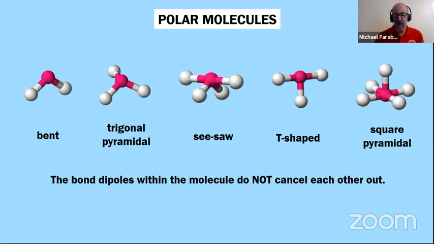The asymmetry of that shape, that geometry, makes it polar. But again, because it's trigonal pyramidal is not a sufficient explanation, try to get in the habit of saying that the bond dipoles either do or do not cancel out. You can mention the geometry, and that's a great thing to do, but go on to talk about how the dipoles interact with each other.